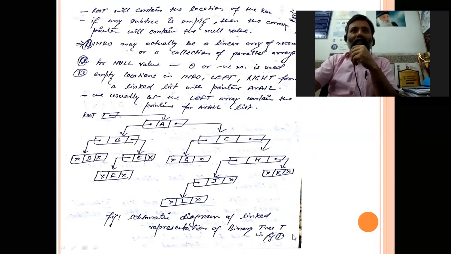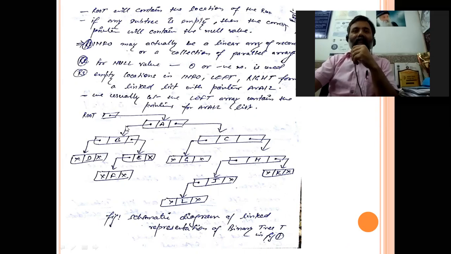In this figure, the root pointer points to the root node, and each node has three fields: one for data, second the left pointer to point to the left subtree, and this is the right pointer to point to the right subtree.